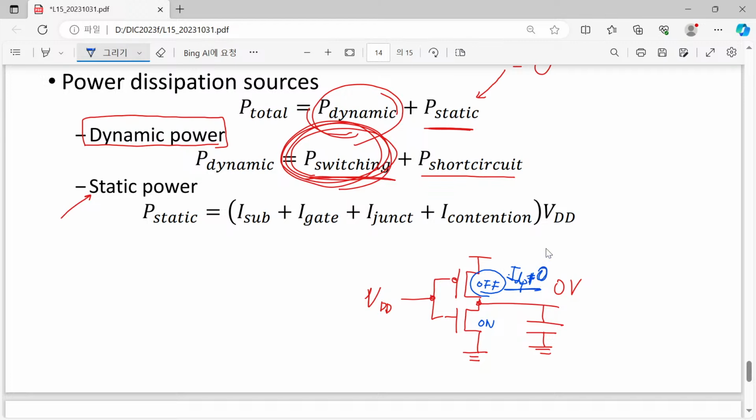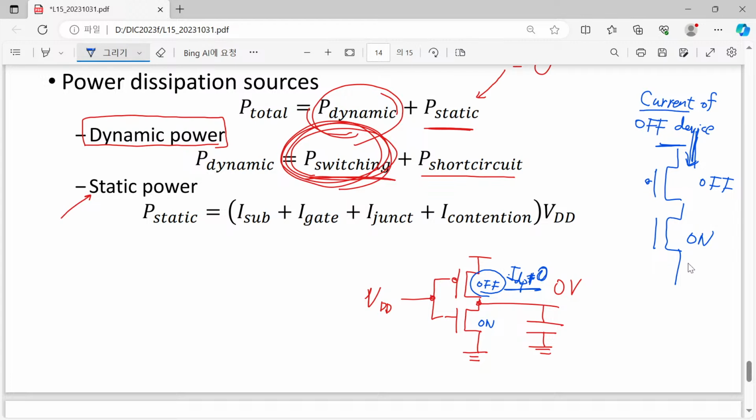Then what will happen? If we have a serially connected PMOSFET and NMOSFET, and one is turned on and one is turned off, then what is the total amount of current flowing through this line? This current will be determined by the current of the turned-off device. If the PMOSFET is turned off, then the PMOSFET's leakage current will determine the current.